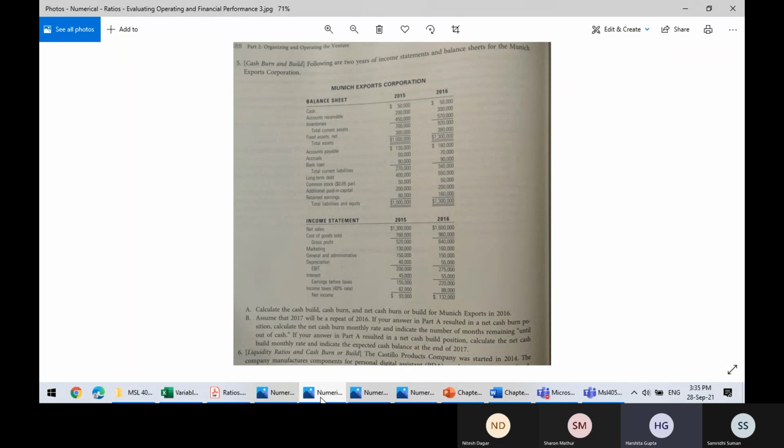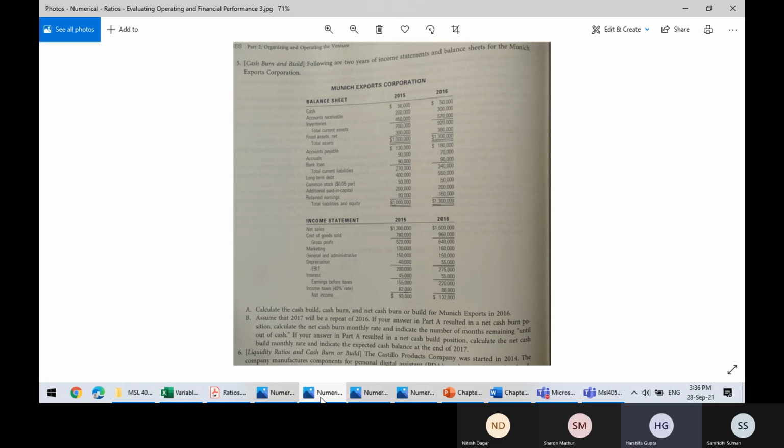All right. So this is an example of cash burn and cash build. Following are the 2 years of income statements and balance sheets of the Munish Export Corporation. We have been given the cash, accounts receivable, inventories and basically the current assets and your fixed assets. Then we have your bank loans and long-term debts, which are your liabilities, and your capital.